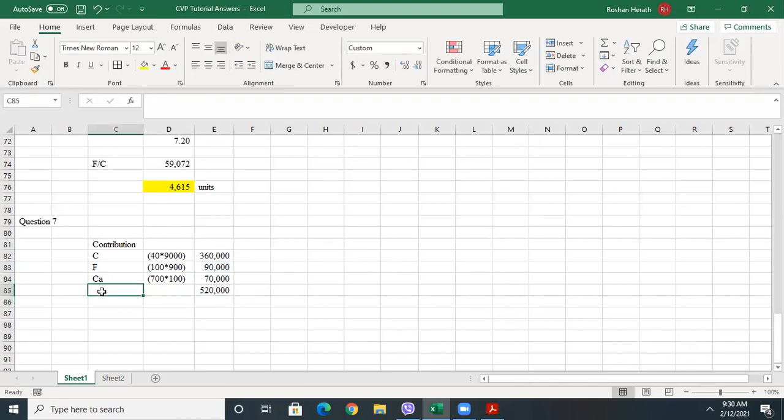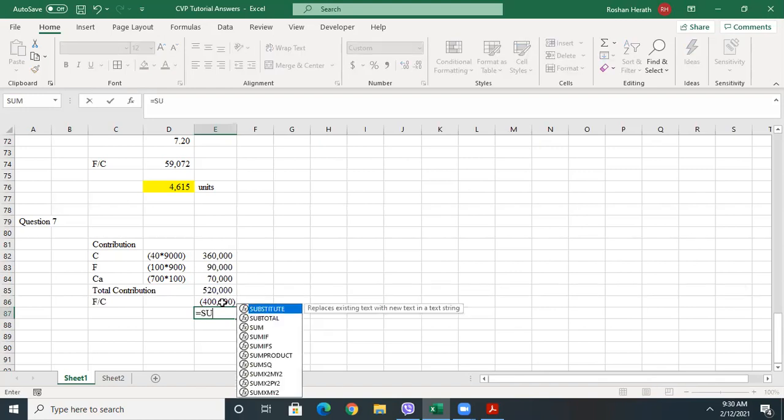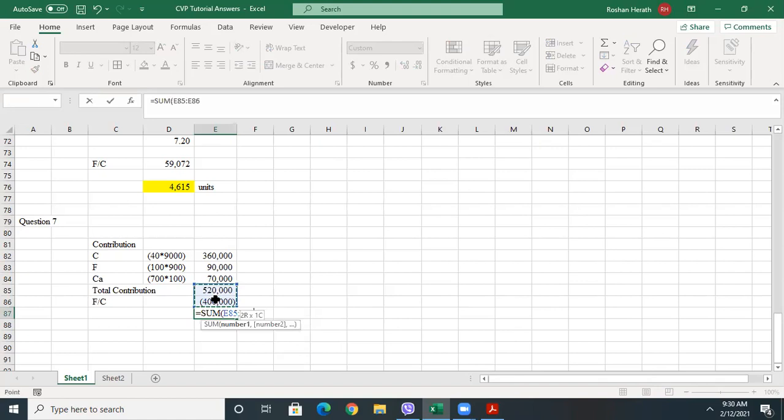It comes as 520. Then you can take the fixed cost, 400,000. Consequently, the profit before tax comes as 120, the profit before tax.